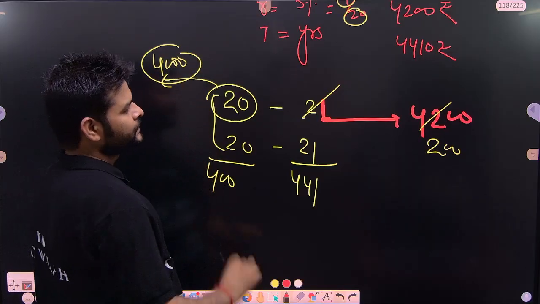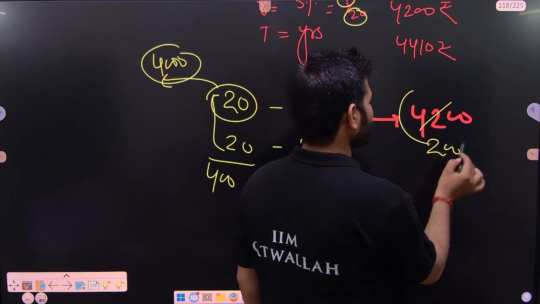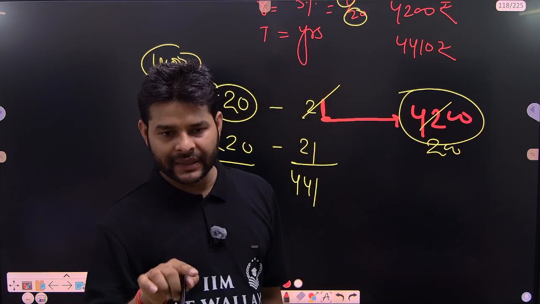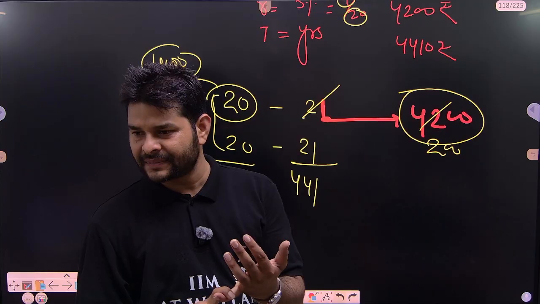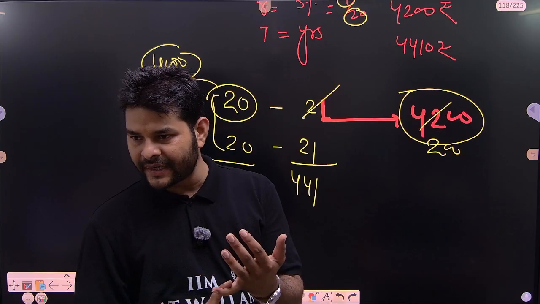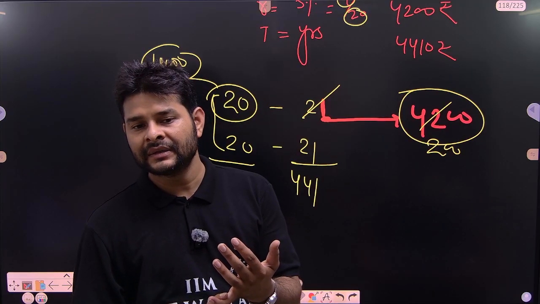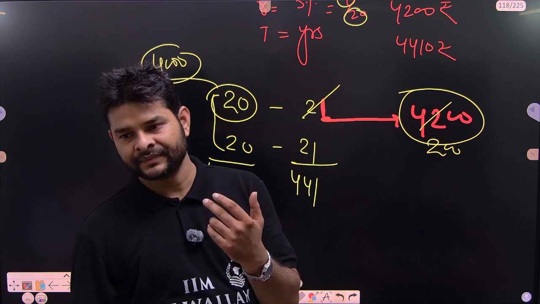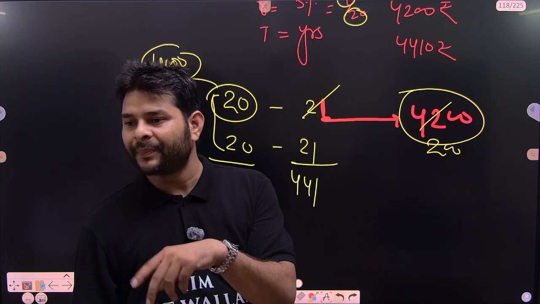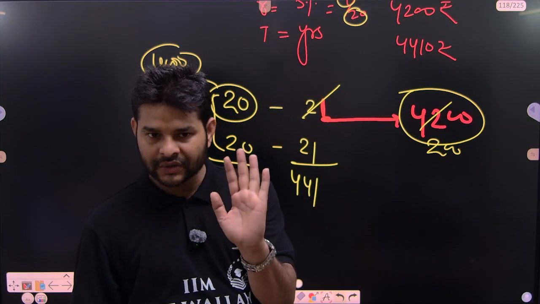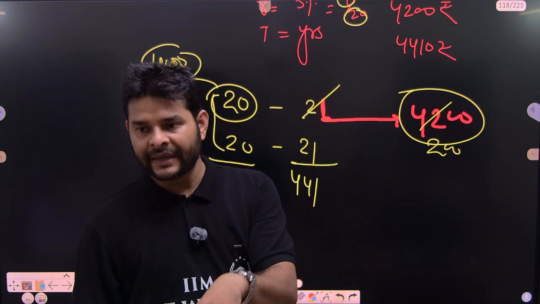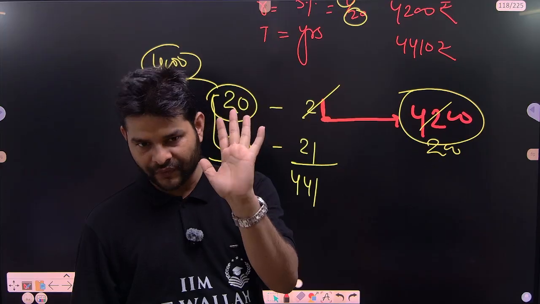That means in this 4,200 he has discharged his principal 4,000 and 200 as interest. So in the first installment, the principal repaid is 4,000.